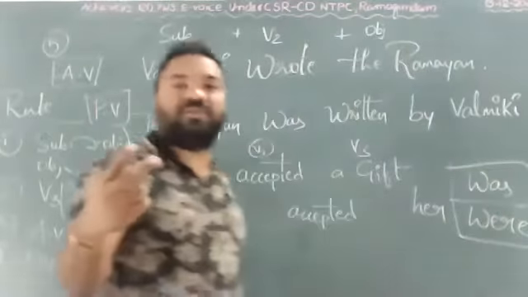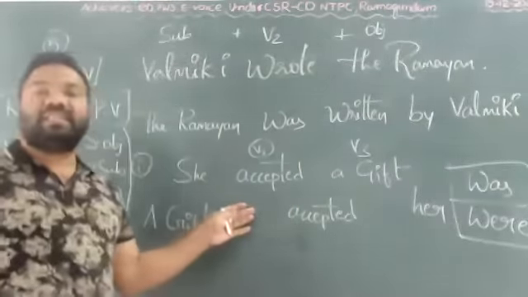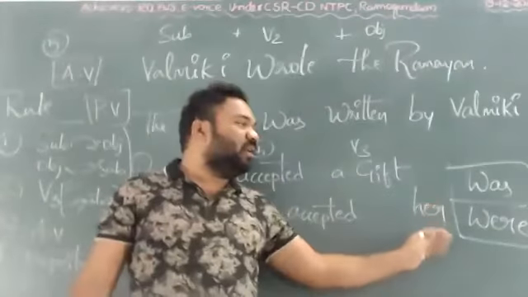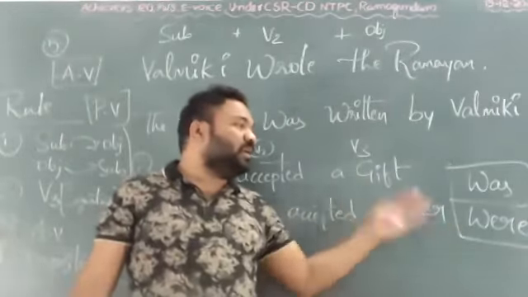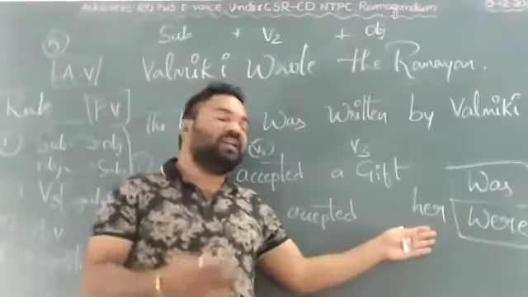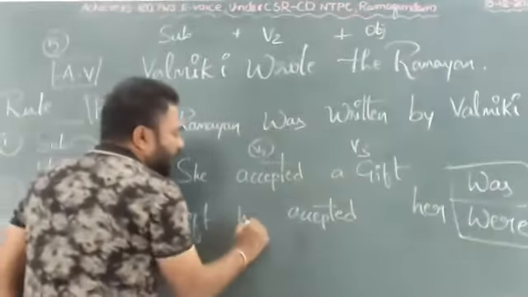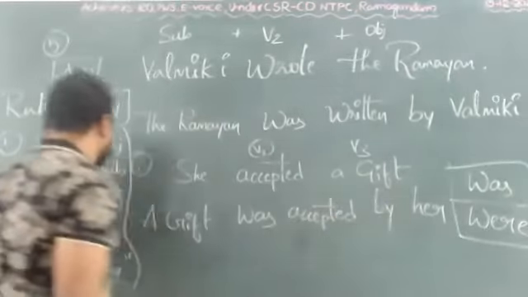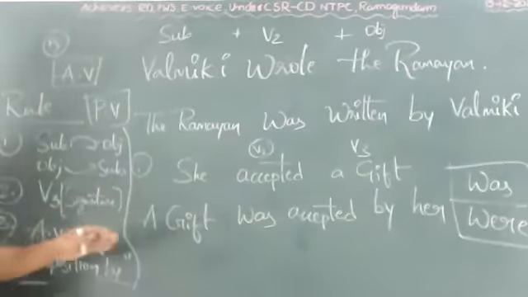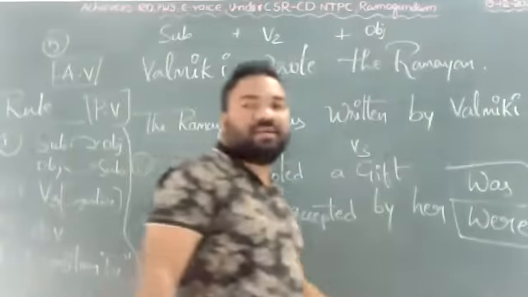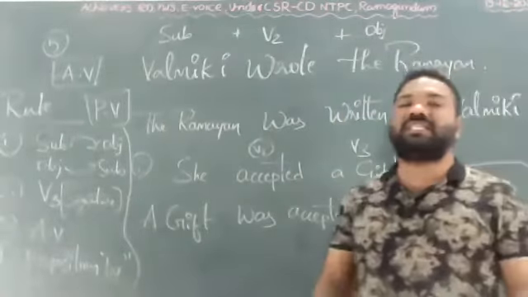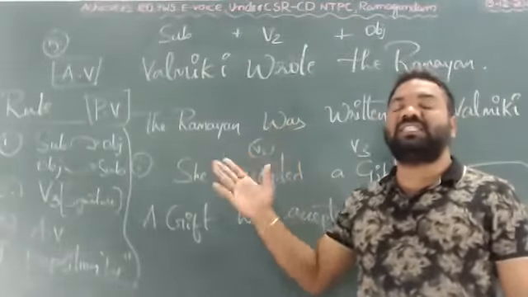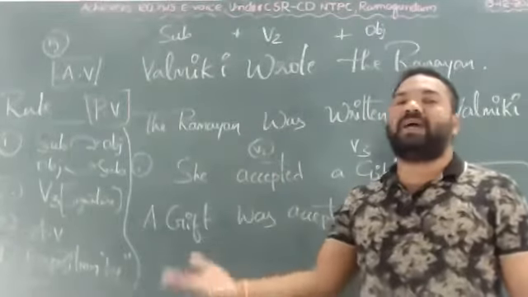We have two auxiliary verbs which support the simple past, was or were. But for singulars, we have to use was, and for plural, we have to use were. So therefore, we use a gift was accepted, and the fourth rule is by. So here, I have used the preposition: a gift was accepted by her.